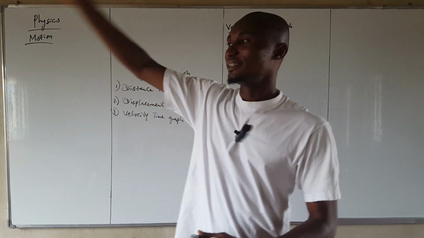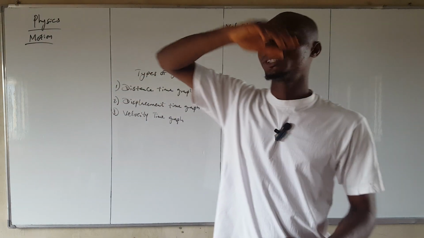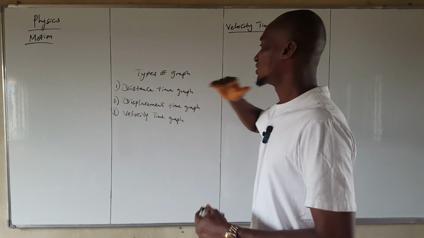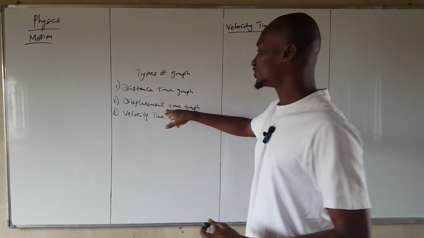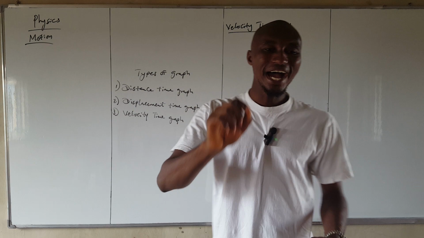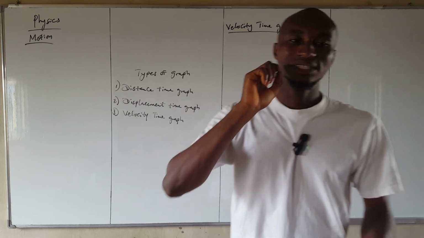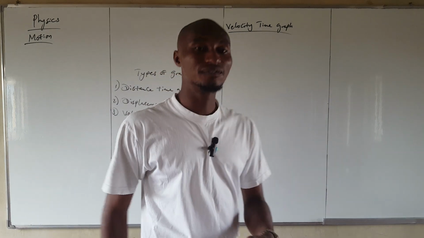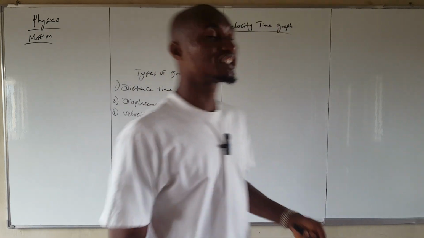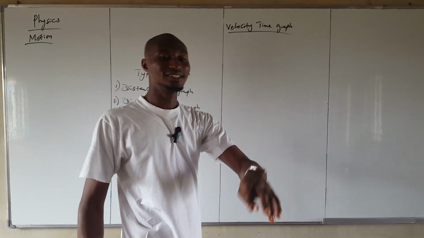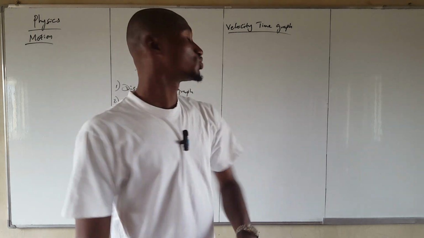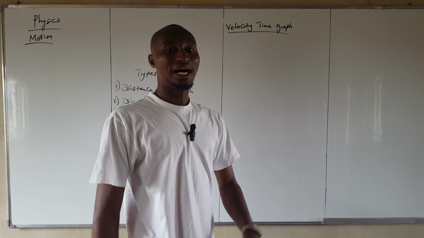Maybe another day, on another tutorial, I'm going to teach distance time graph and displacement time graph. But why I am focusing on velocity time graph is because I have seen many questions on this, and this particular subtopic gives students concern.